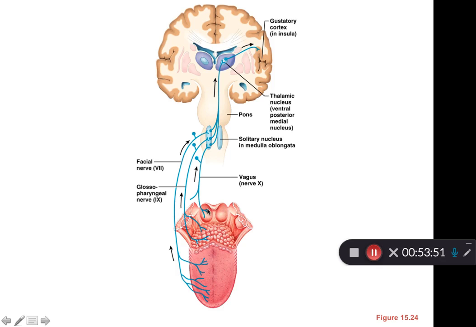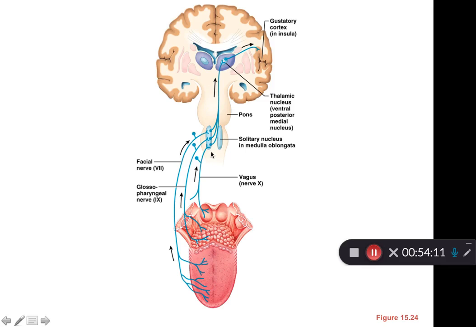So all these nerves actually have their own peripheral neurons, and these neurons are in the ganglions.